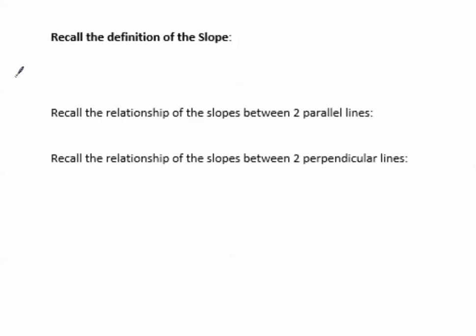Okay, let's recall the definition of slope. The slope is the change in y divided by the change in x. We use this formula: y2 minus y1 divided by x2 minus x1.